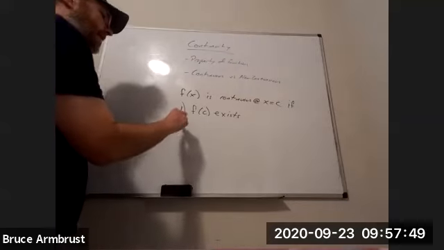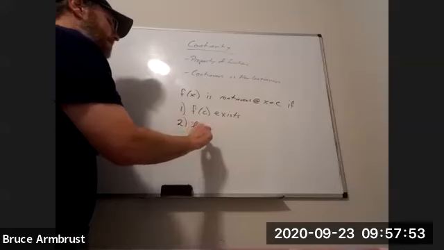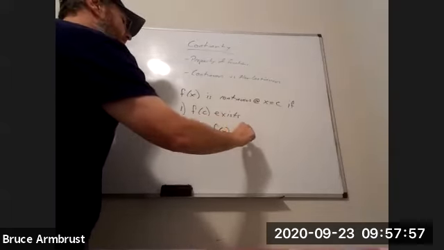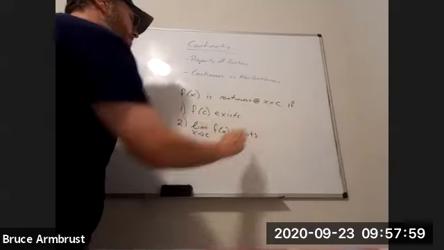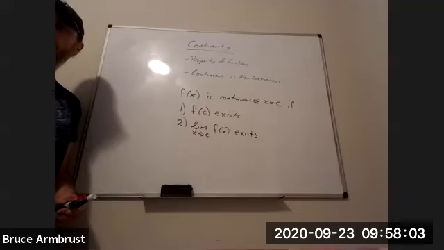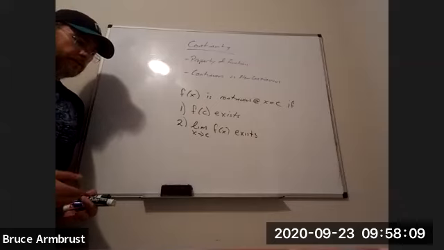A second thing that has to happen is that the limit as you approach c of this function must exist. So not only does the function have to exist, but the limit has to exist. As we approach that point, the limit has to exist.